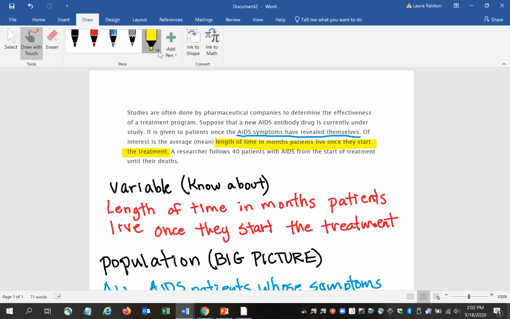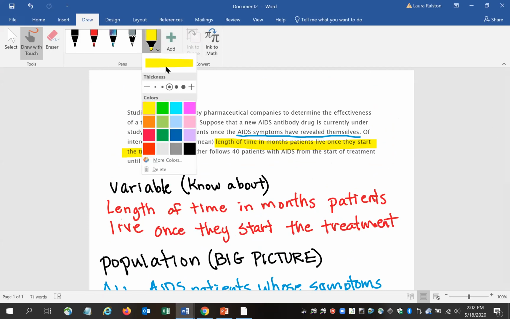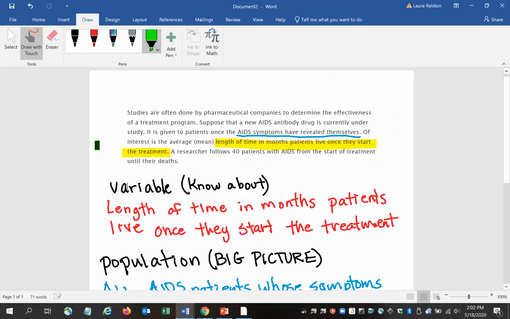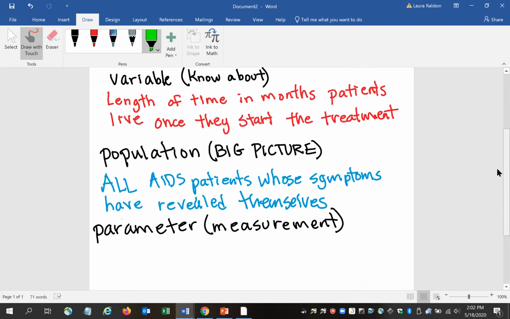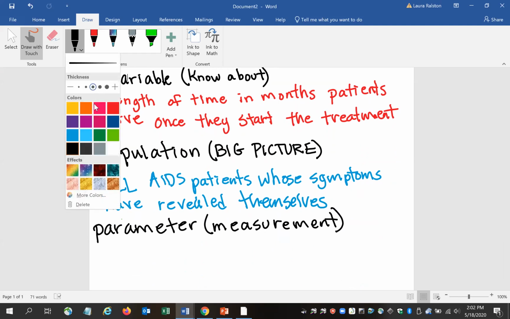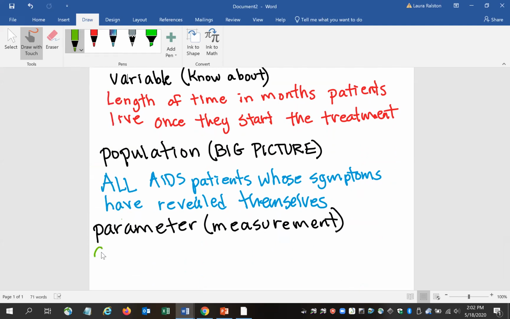So if I go back and read in my story, it says the average or the mean. So the measurement, regardless of whether it's for the population or for the sample, is the average or the mean.